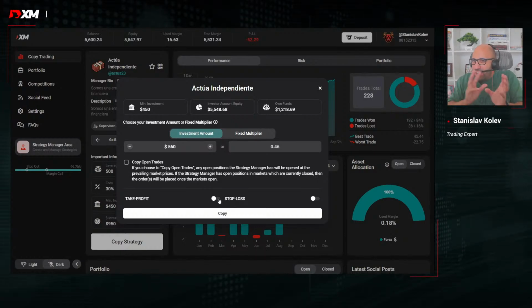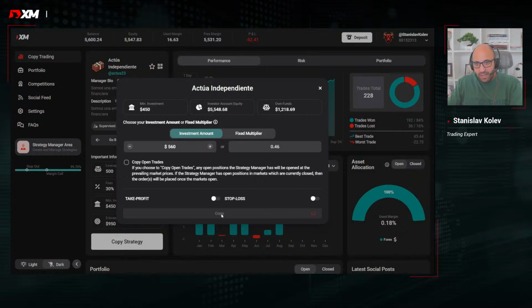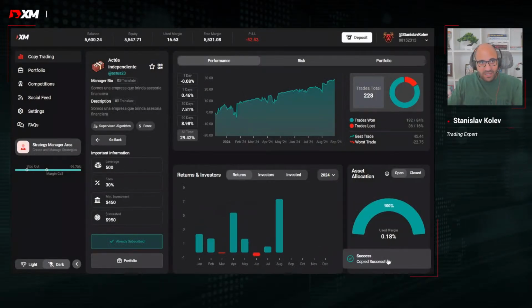If I change somehow with a stop loss or take profit adjustment, it's not going to be the same thing. And I want exactly the same product. Of course, if you have a better idea, maybe you do it, but I personally would not. So I'm going to click copy and voila. It is copied successfully.